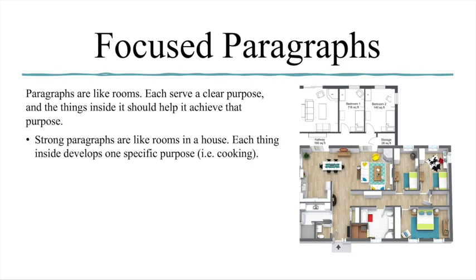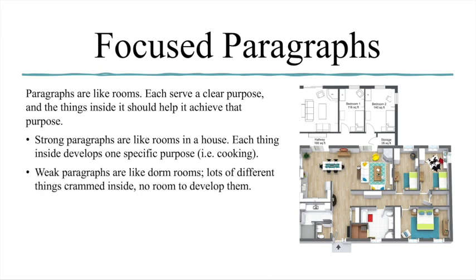When we think about weak paragraphs, I associate these with things like dorm rooms. So when you think of a dorm room, it's one large room, or one very small room, rather, that does a lot of different things, right?